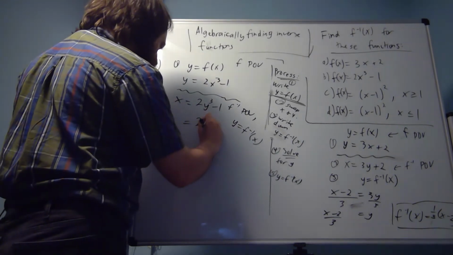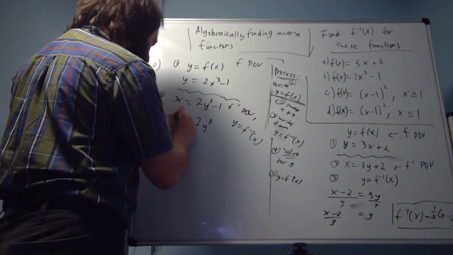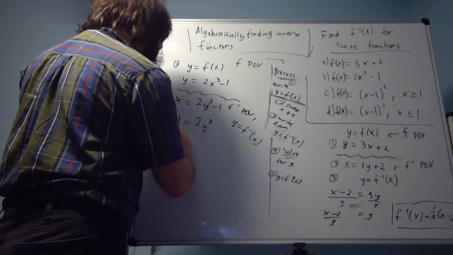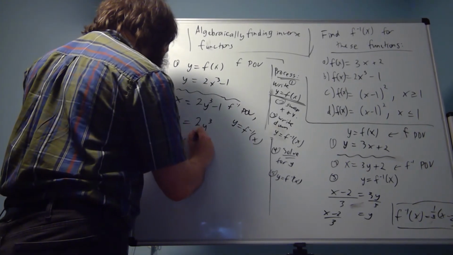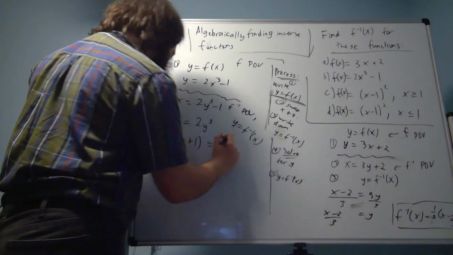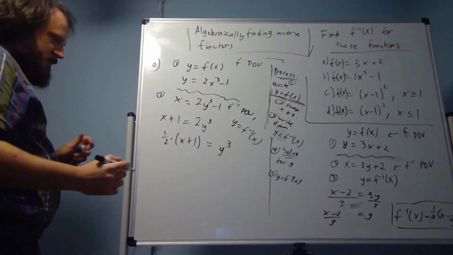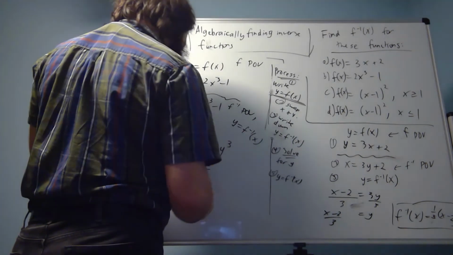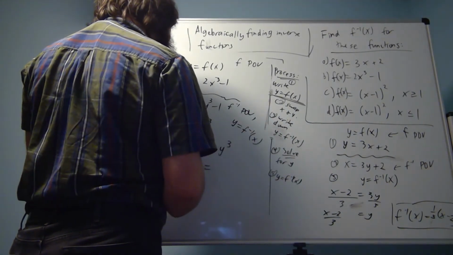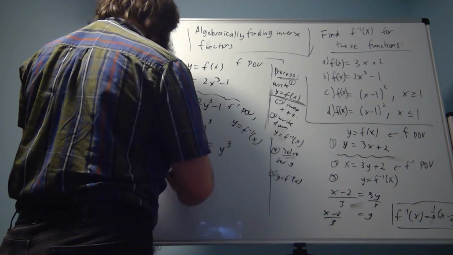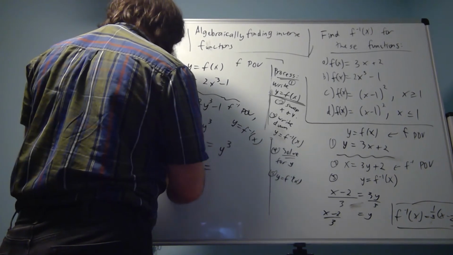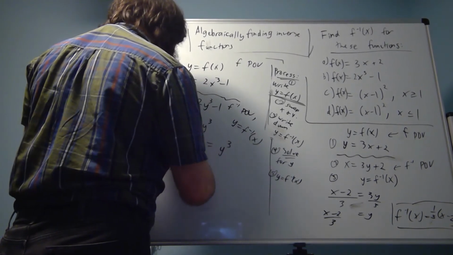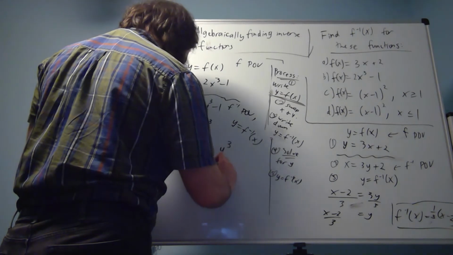So 2y cubed is equal to x plus 1. Multiply by 1/2 on both sides to get 1/2 of x plus 1 is equal to y cubed. And then we take the cube root of both sides, which is the same as the 1/3 power.